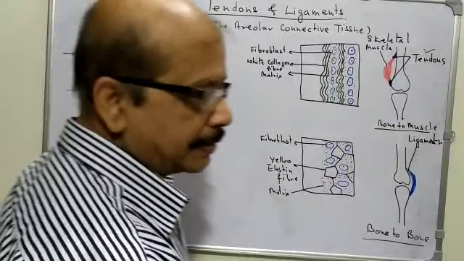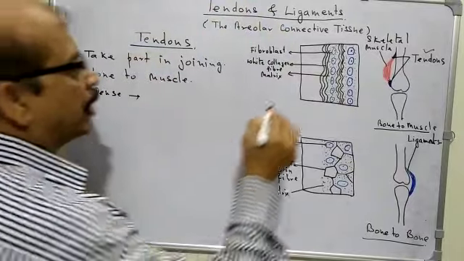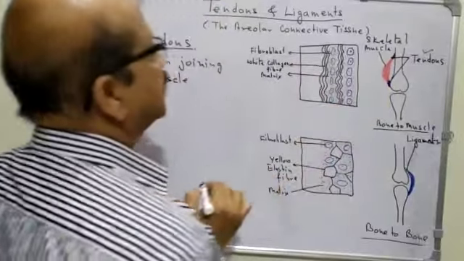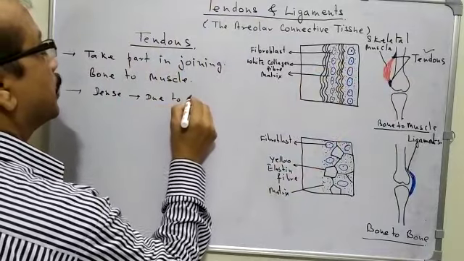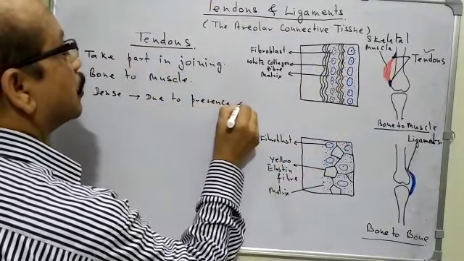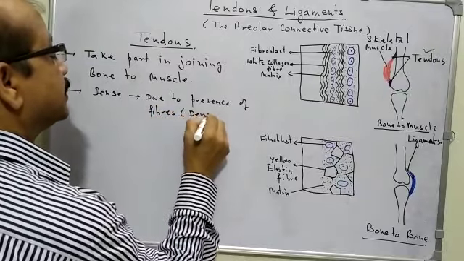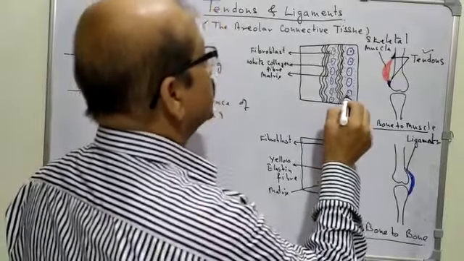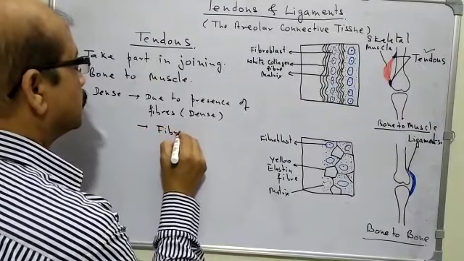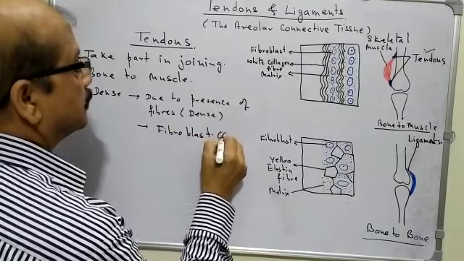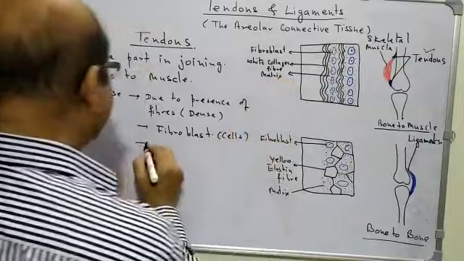Here they are called dense areolar because apart from cells and matrix, fibers are also present. Due to the presence of fibers, they are dense in nature. Now the cells here are called fibroblast cells, and the fibers are white collagen fibers.